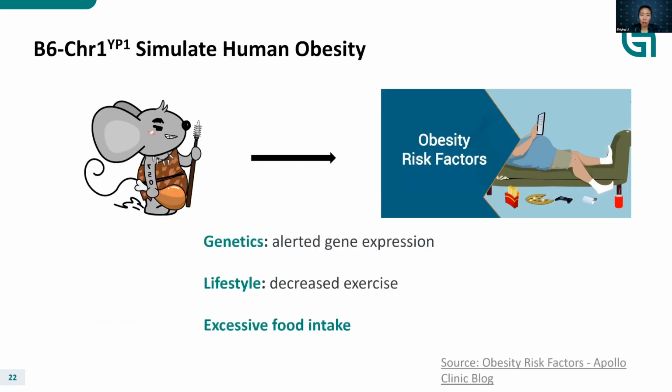So what we observed from this behavior aspect is that for some reason, with the change in their gene expression, they have a lifestyle change, which is decreased physical activity and, at the same time, increased food intake.